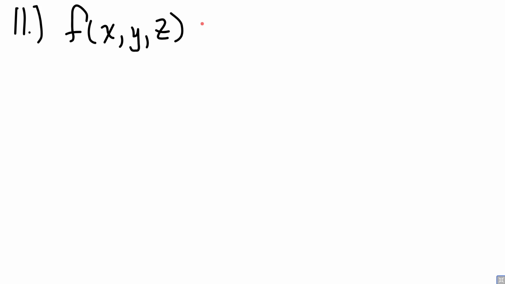Okay, and then the last one we have is number 11. So we have f of x, y, z, and this is equal to z minus x squared minus y squared. Okay.